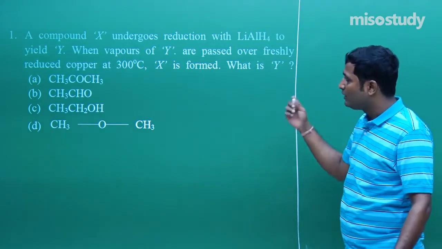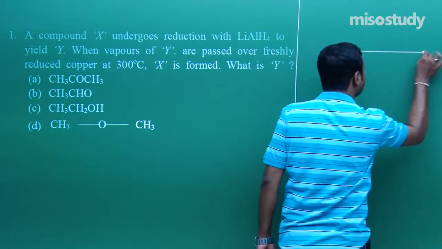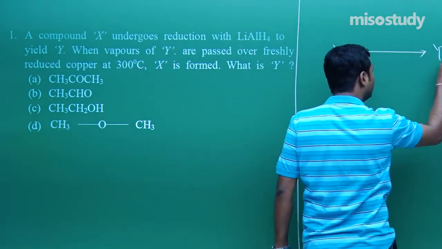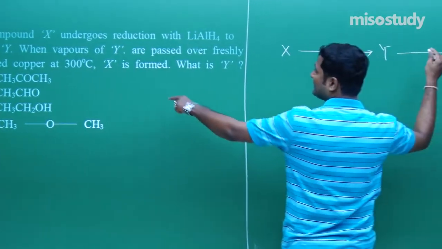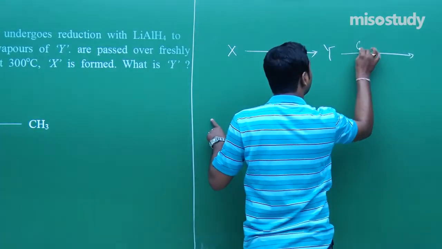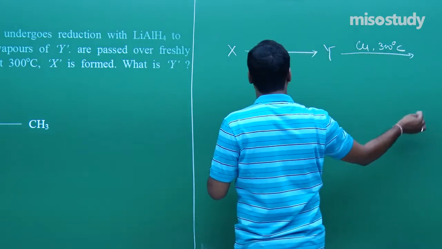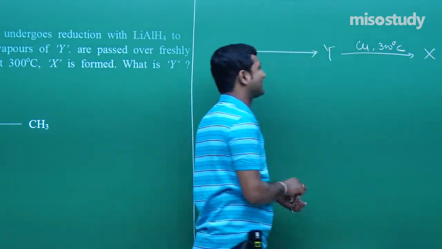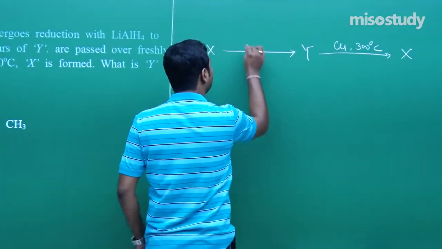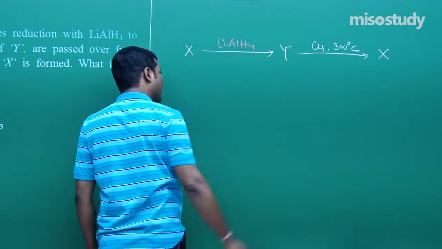What is Y? Look here, it is given that X undergoes reduction and gives Y. Y, when passed over freshly reduced copper at 300 degrees Celsius, again gives X. So with LiAlH4, it's very simple.